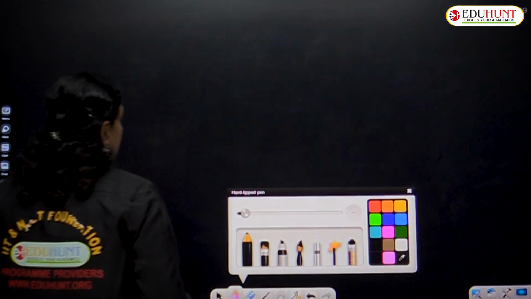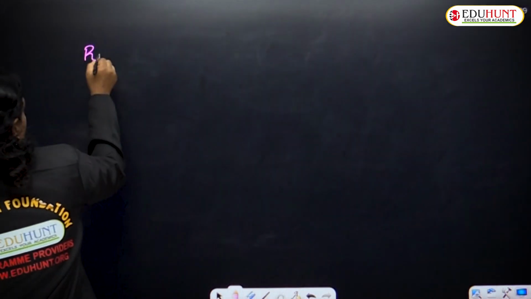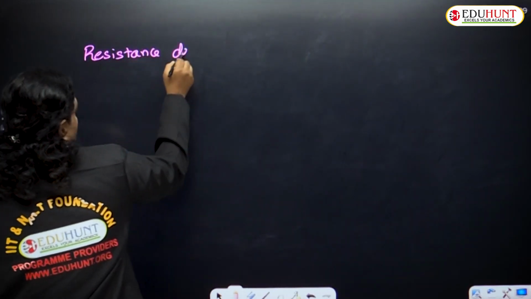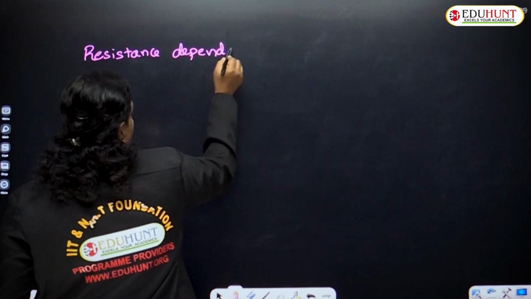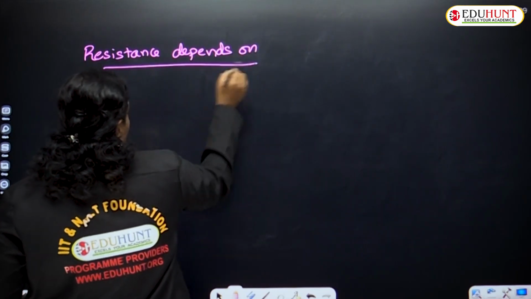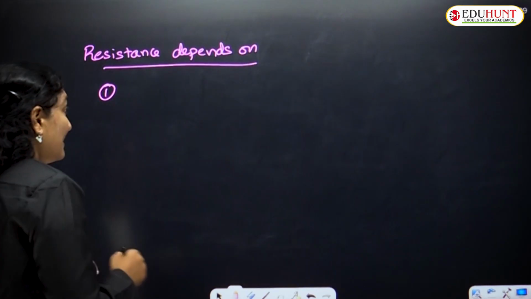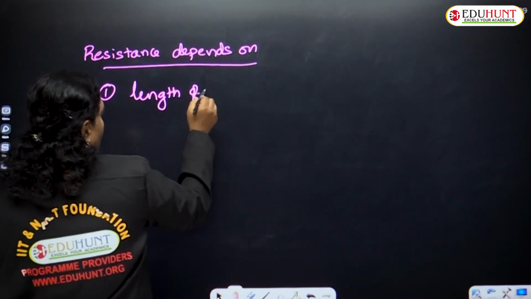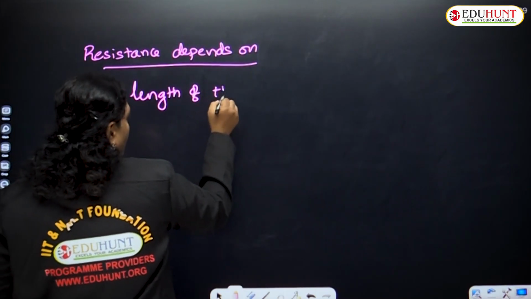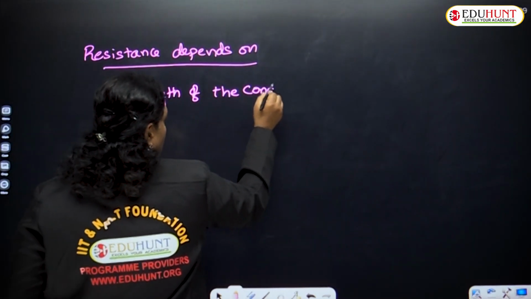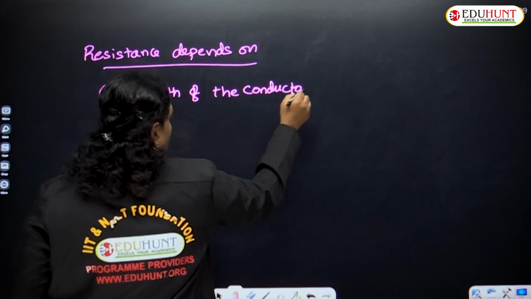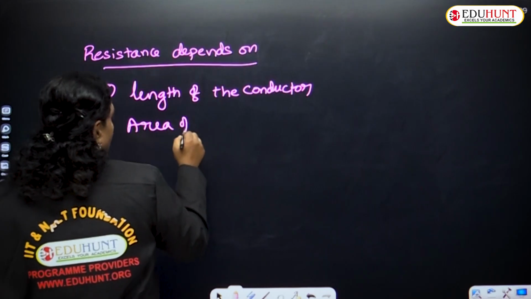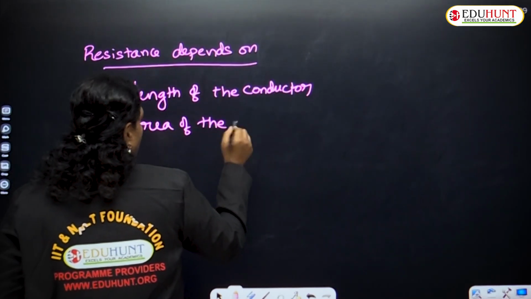The factors on which resistance depends. Resistance generally depends on 3 factors, children. One is the length of the conductor. Resistance depends upon the length of the conductor. It also depends upon the area of cross section of the conductor or metallic wire.